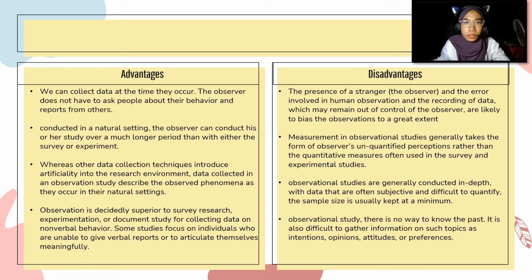For disadvantages, the presence of a stranger, the observer, and the errors involved in human observation and the recording of data, which may remain out of the control of an observer, are likely to bias the observation to a great extent.